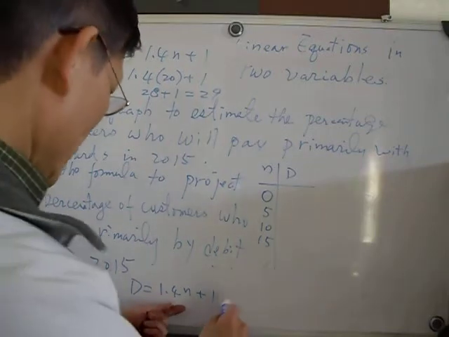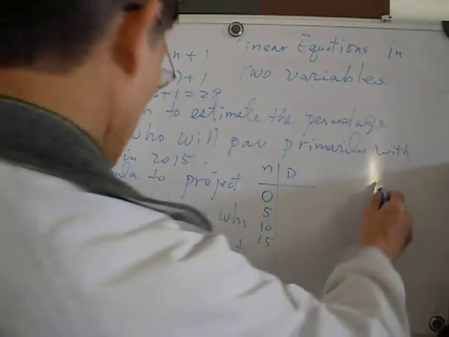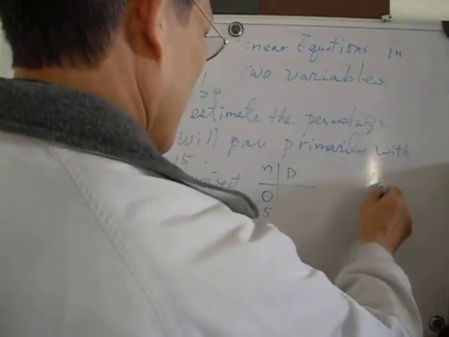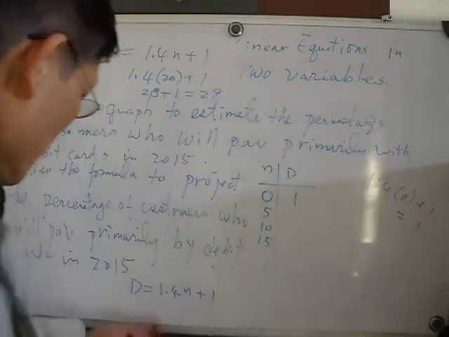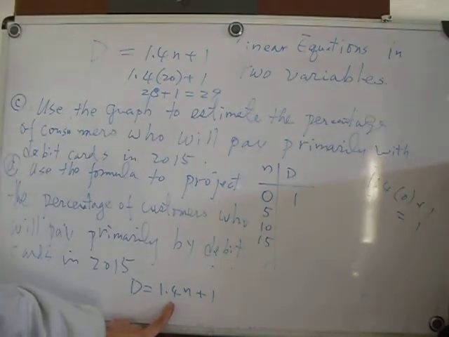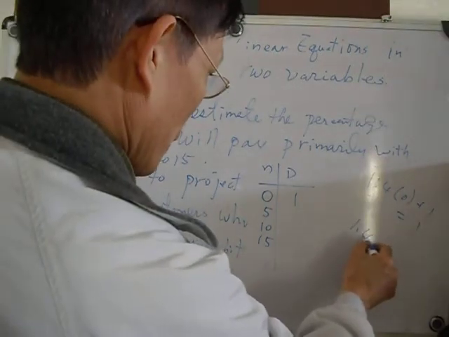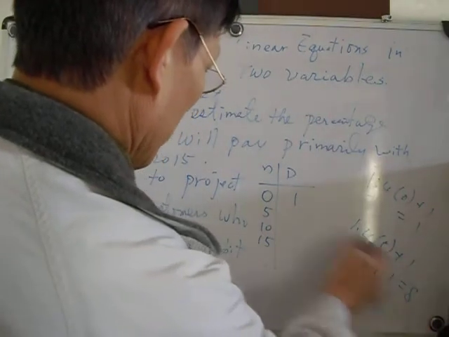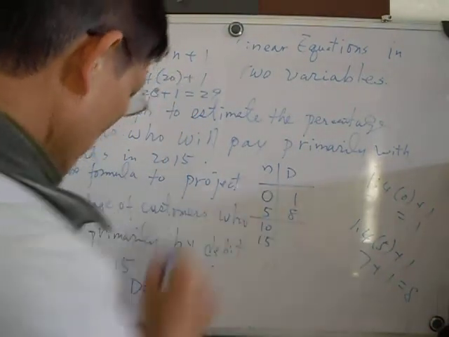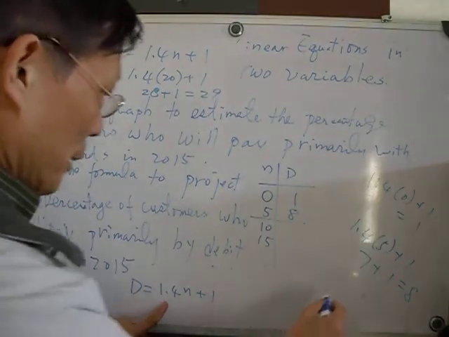So 0 here, as you can see, 1.4 times 0 plus 1, which is 1. So that's this. Next one, we use 5. 1.4 times 5 plus 1, 7 plus 1 will be 8. So that's 8 here. The third one, we use 10.